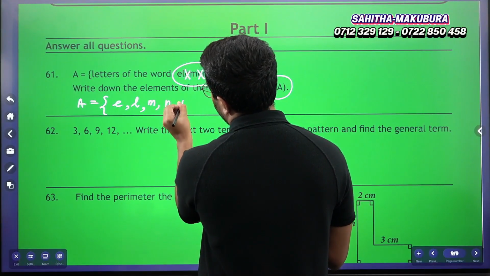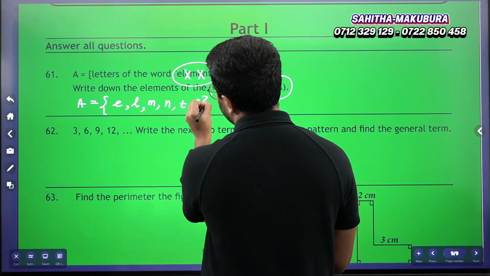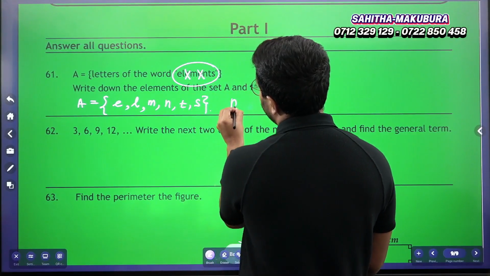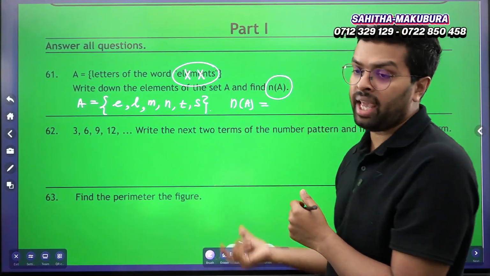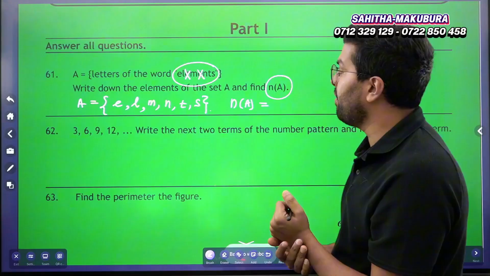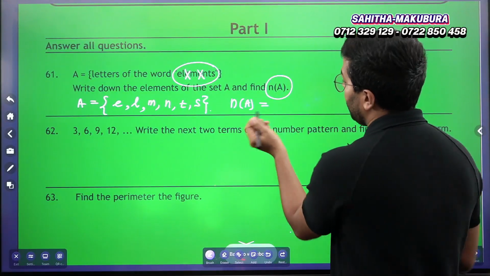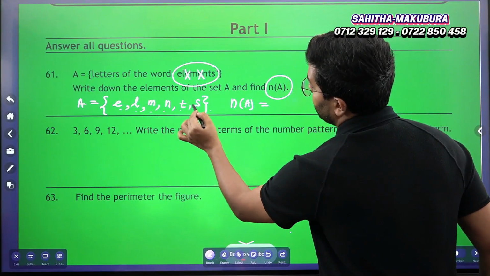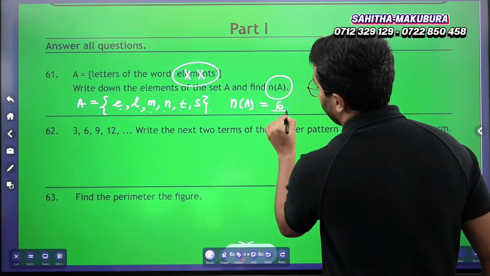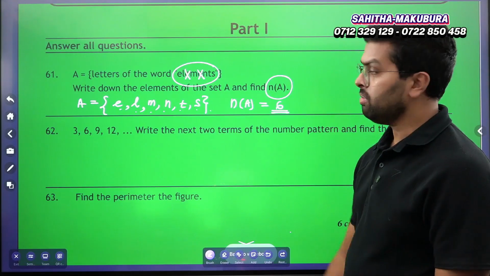N, T, S. Right. So what is this n(A)? Number of elements we have in set A. How many elements are there in this set A? n(A) is equal to 1, 2, 3, 4, 5, 6. So we have 6 elements in this set.